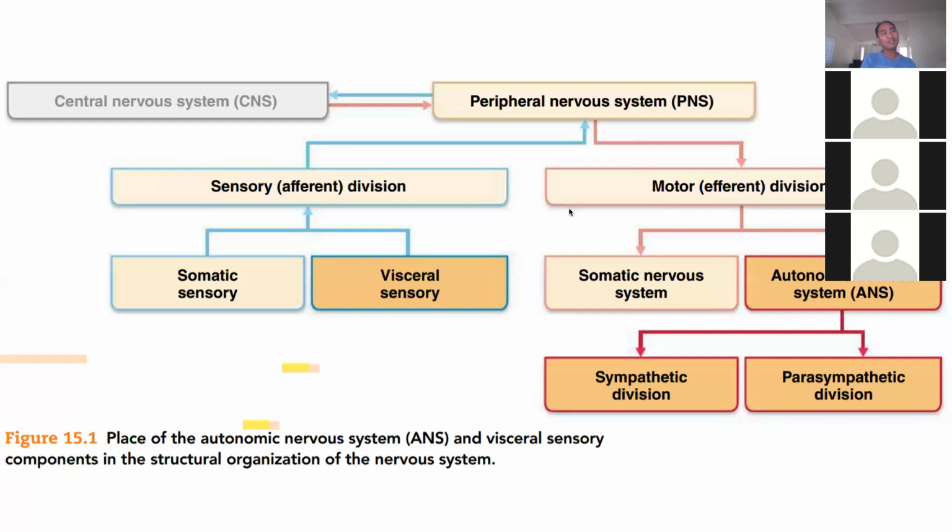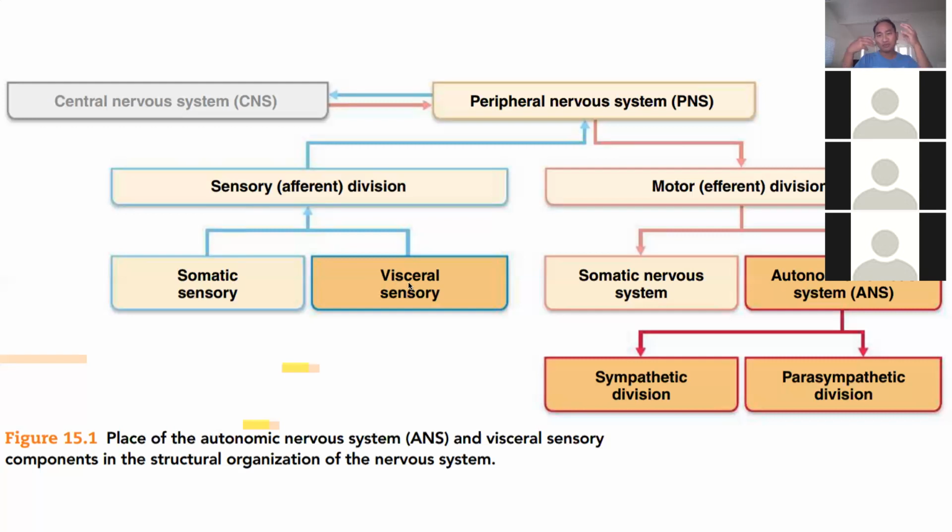So the sensory division and motor division come under the peripheral nervous system, because the brain and spinal cord cannot go out and touch things. The sensory sensation can come from somatic or visceral sensory.